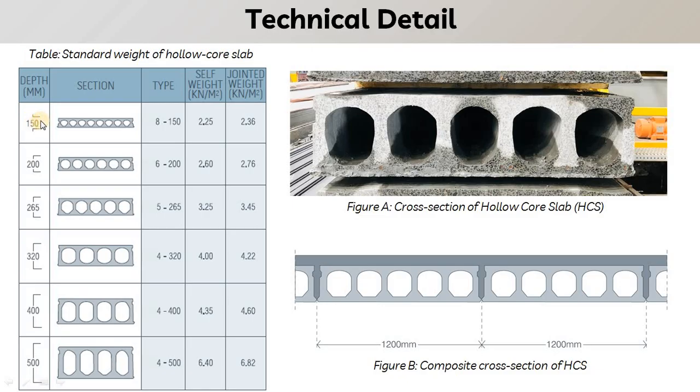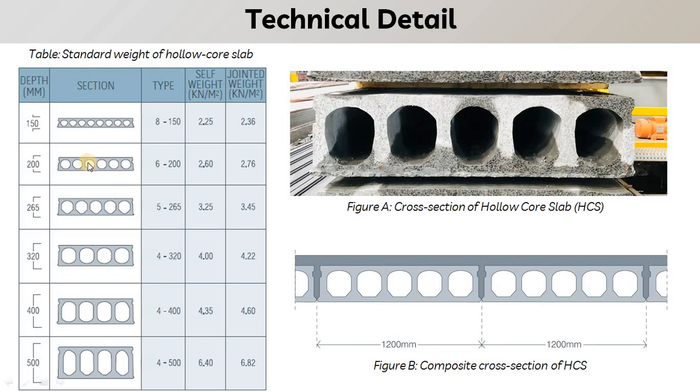The first thickness we have is 150 mm, second is 200 mm, then 265 mm, and up to 500 mm, depending upon the machine type. There are two major machines that are used. First is known as Nod Impianti, and second is the Alimatic.